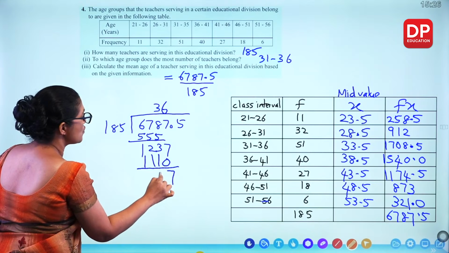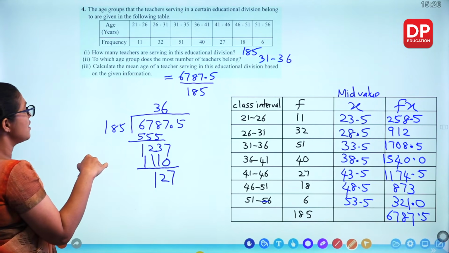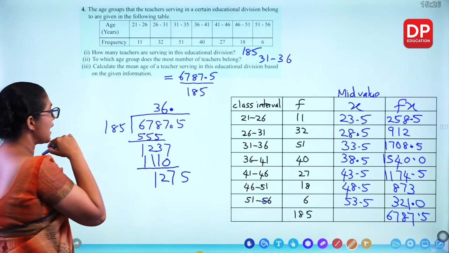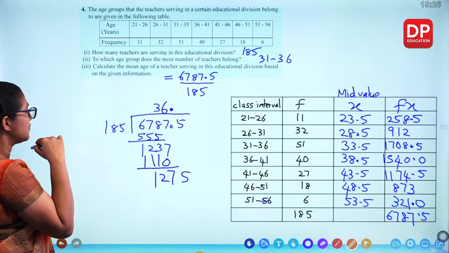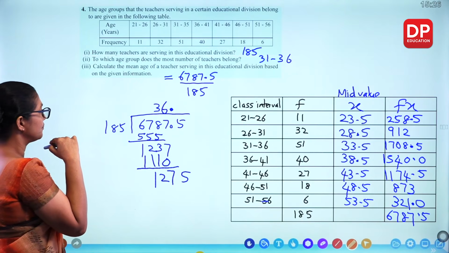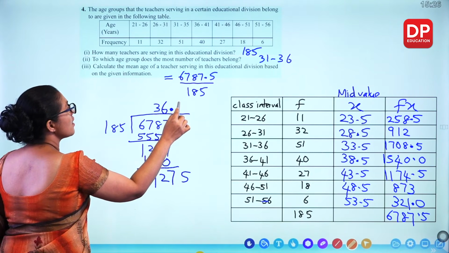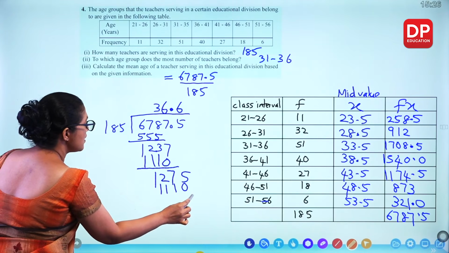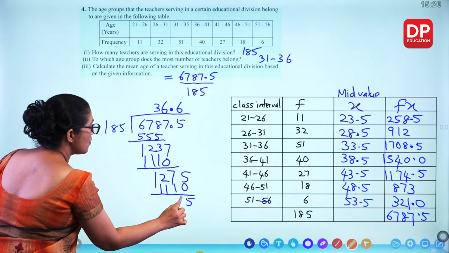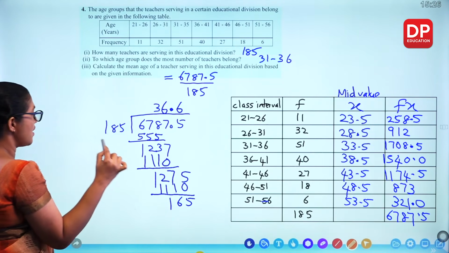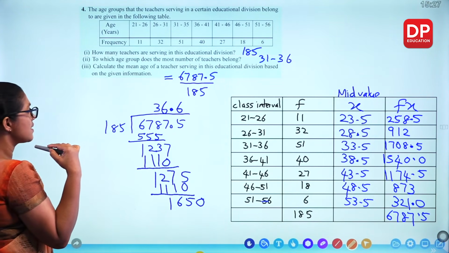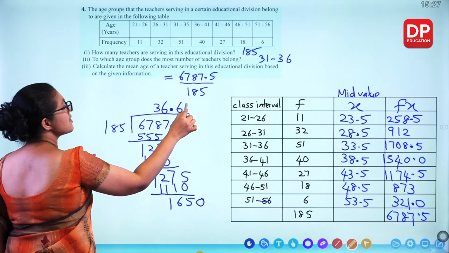Then when you subtract, you get 127 with this 5. Again, you get 6. 6 times 5, this is 1110. You get 165. Again, when you multiply by this, you get 7 roughly.